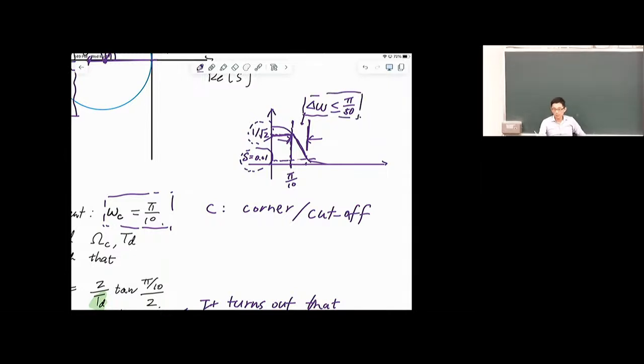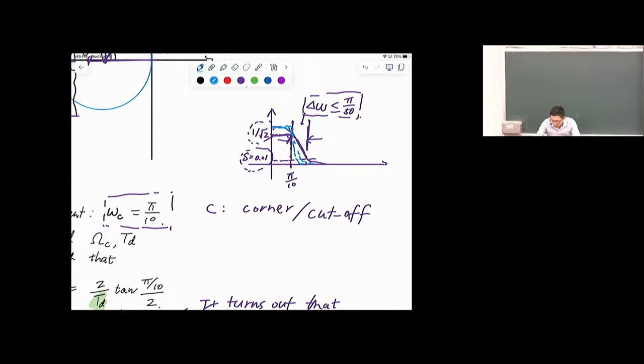Because we know that when we increase the order of the filter, we can make it drop faster and faster and faster.